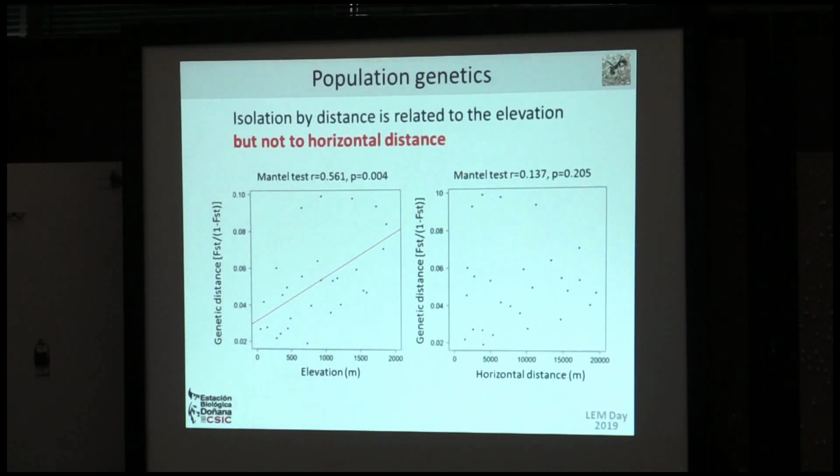And isolation by distance was related to elevation, but not to horizontal distance. Using the genetic distance, we can see how the genetic distance increases with elevation, but there is no relationship, according to the Mantel test, between the genetic distance and the horizontal distance.